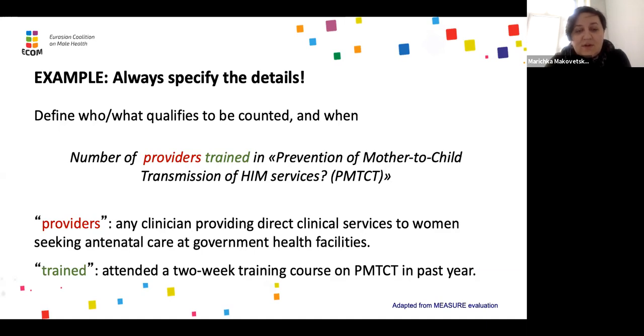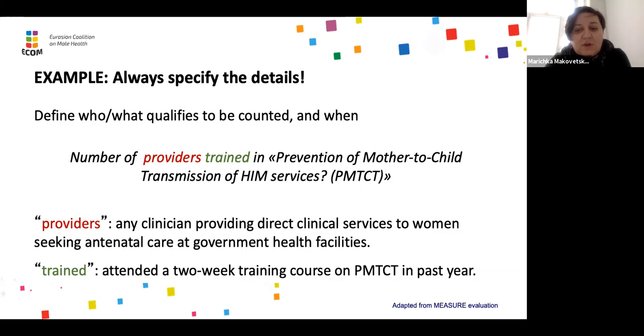That's not clear, and because you want to have good indicators, you should have a good definition for this. Then what is trained? By putting trained in PMTCT programs, do you mean attended a 2-week training course in the past year, or that they should be doctors that have complete education in this area, or nurses that go through a year program in PMTCT, or something else?